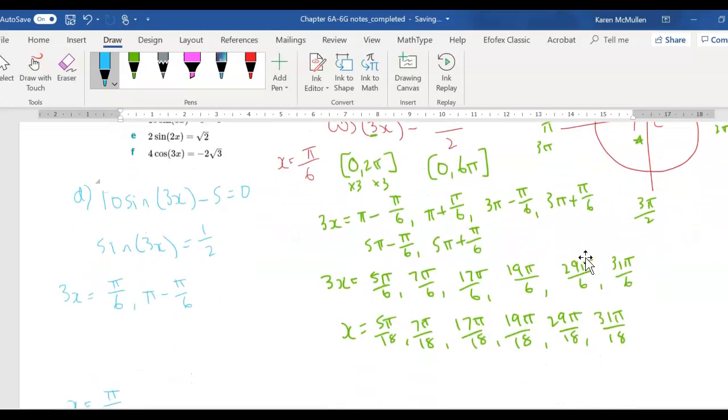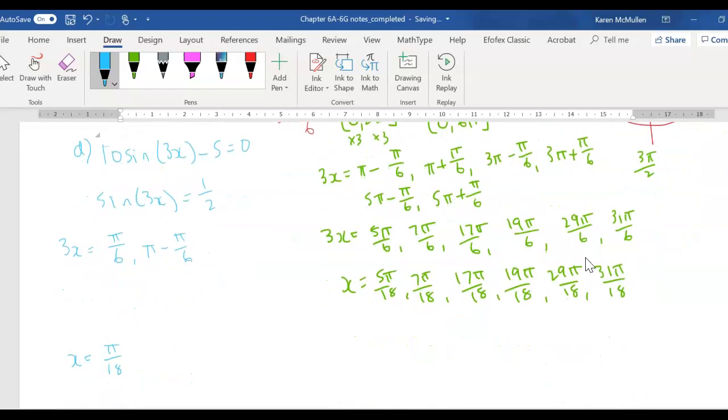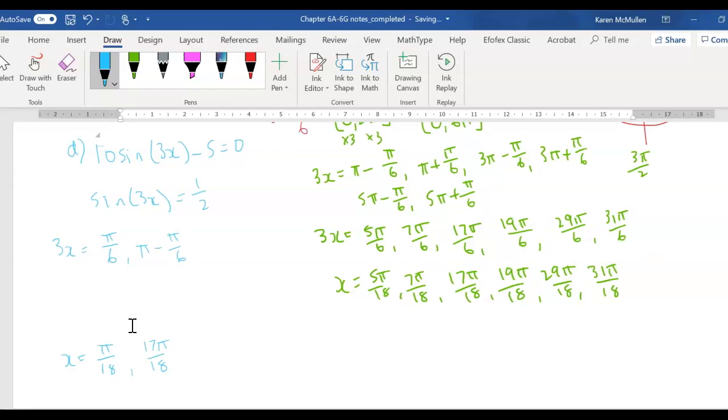If you want to write it down here, you could write pi minus pi on 18. Actually, sorry, it's not 17 pi on 18. What am I doing? It's going to be 5 pi on 6, so 5 pi on 18.